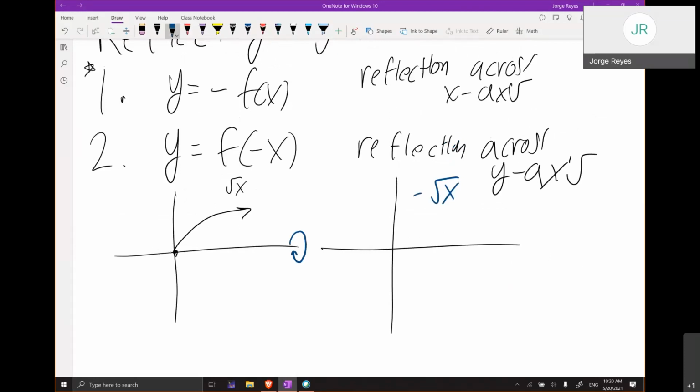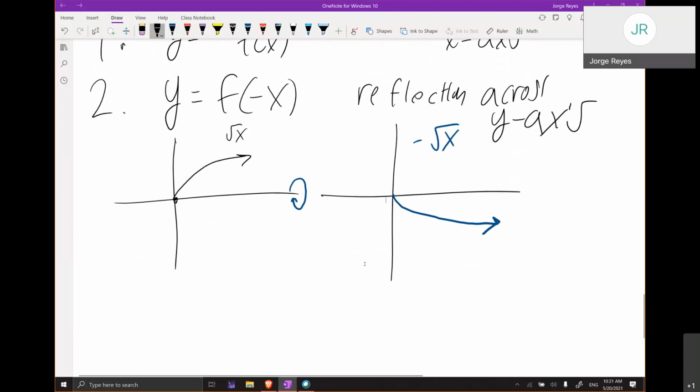If you spin it, you would end up with this thing. Like if you look at the original, it's this, so you spun it and it ended up there. This is the reflection across the x-axis.